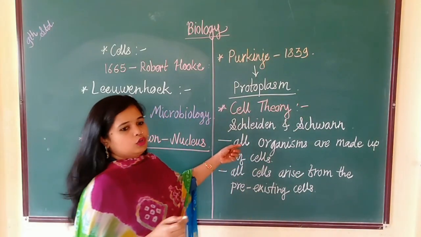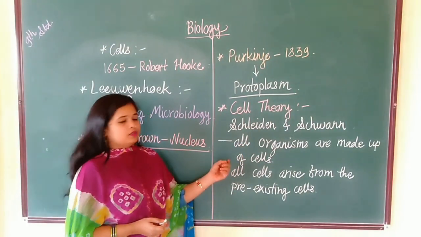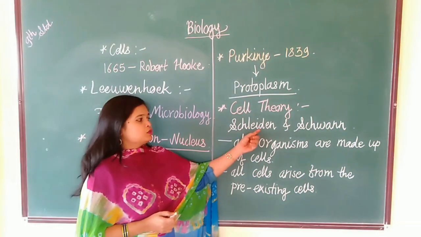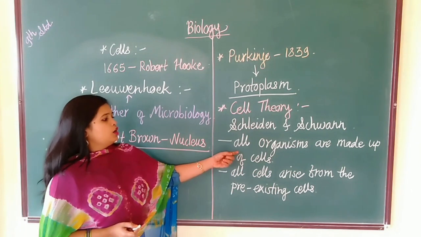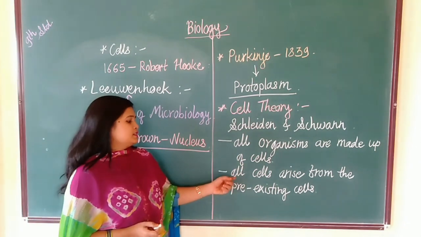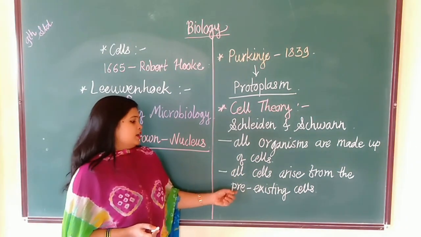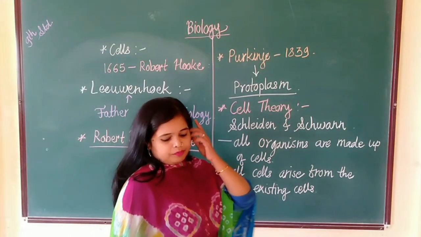So these are the two important key postulates of the cell theory, which was proposed by the scientists Schleiden and Schwann. The first postulate is all organisms are made up of cells, and the second one is all cells arise from pre-existing cells.